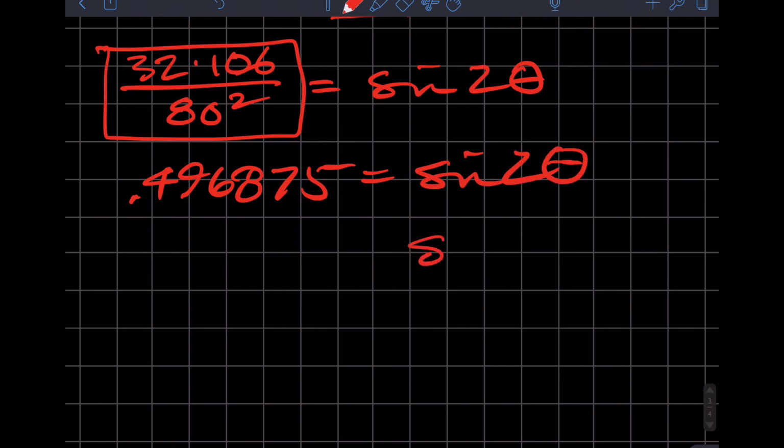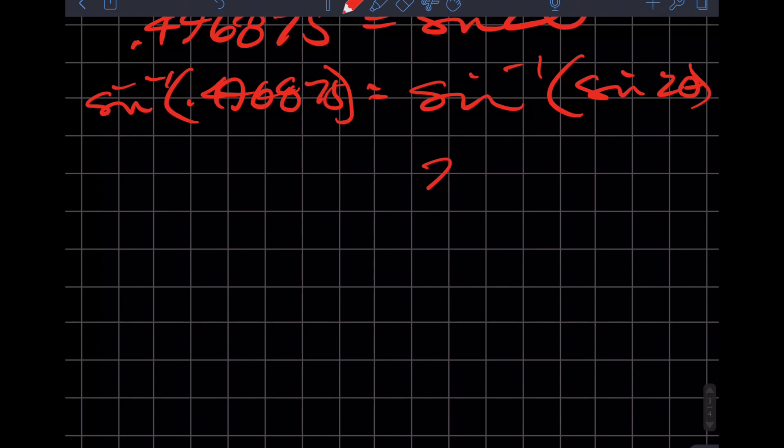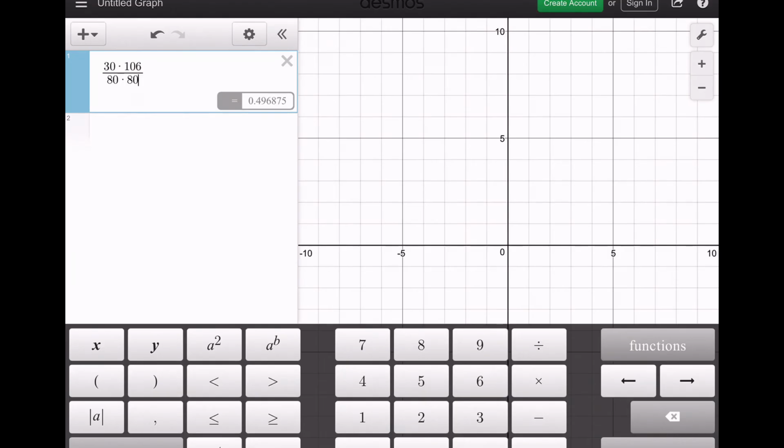I'm going to take the inverse sine of both sides, and I'm going to get 2 theta is equal to, that one's weird, but I guess that's all right.